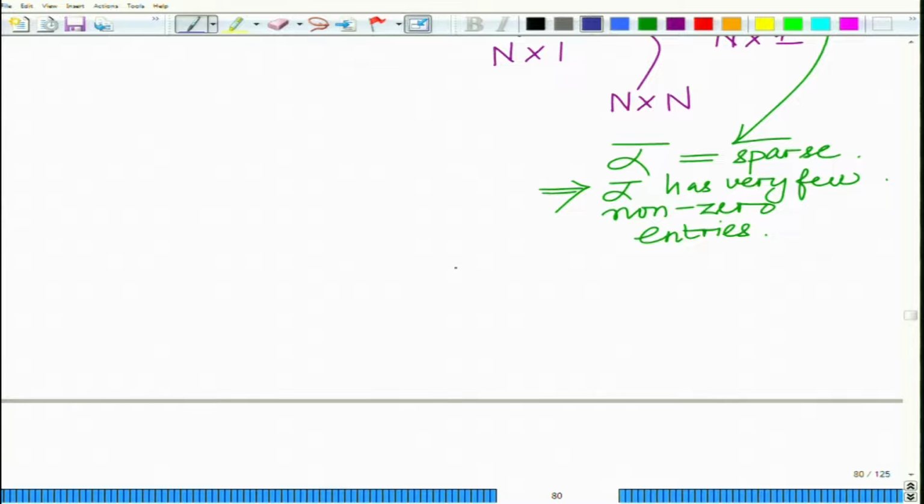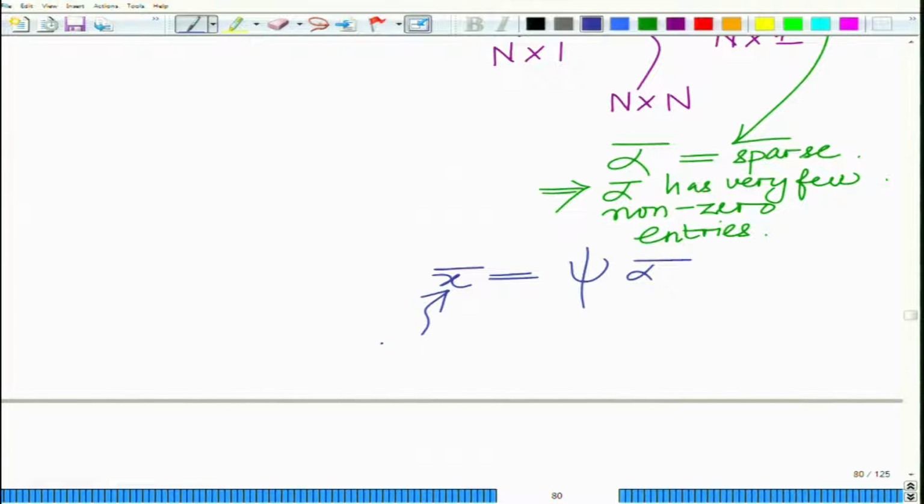For instance, if you take an image and look at it in the spatial domain, it is not sparse, but if you take, for instance, the wavelet transform, it is an excellent example. If you look at the wavelet coefficients of an image, then they are sparse, very few coefficients are non-zero. So, therefore, I can have an image x bar which is psi times alpha bar.